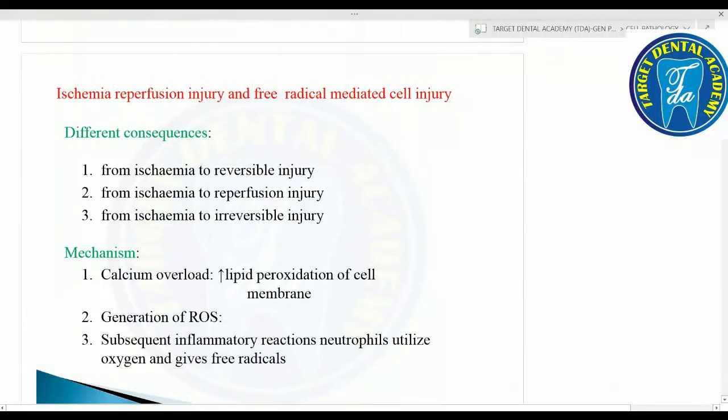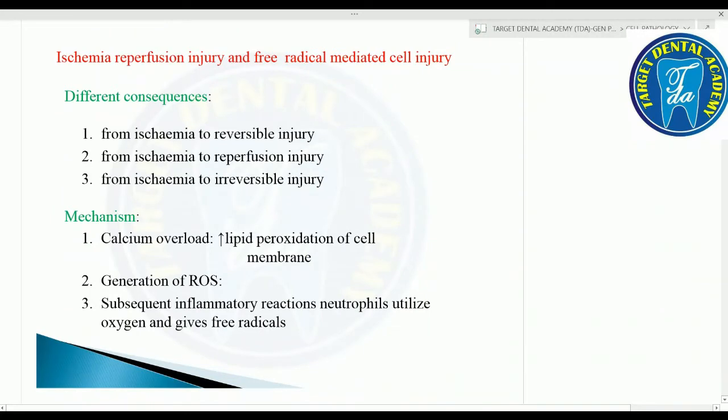After this, let's discuss ischemia reperfusion injury and free radical mediated cell injury. In this, there are three different consequences: from ischemia to reversible injury, from ischemia to reperfusion injury, and from ischemia to irreversible injury.